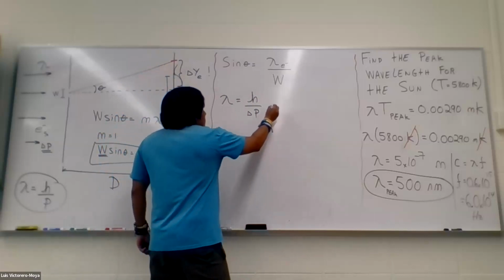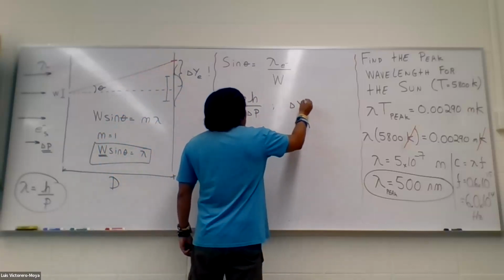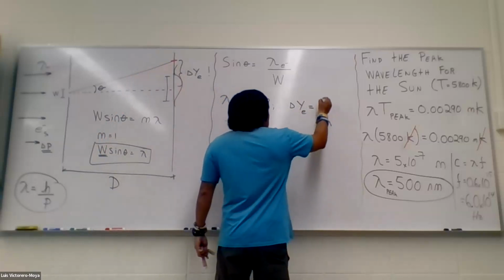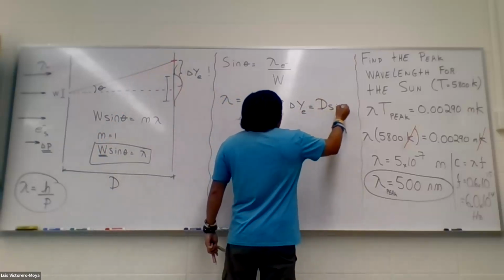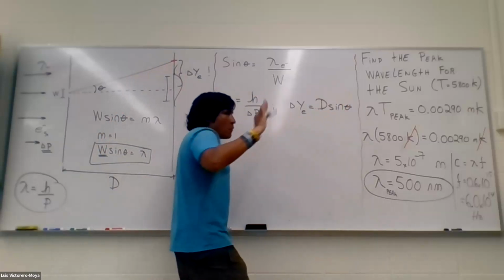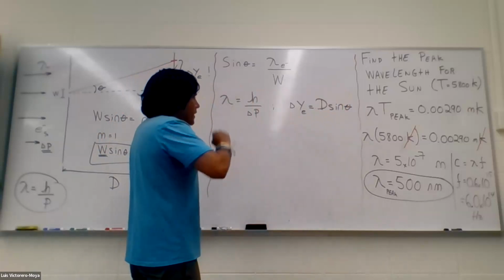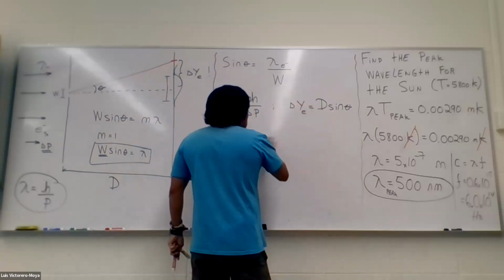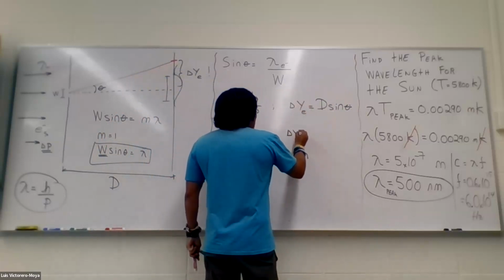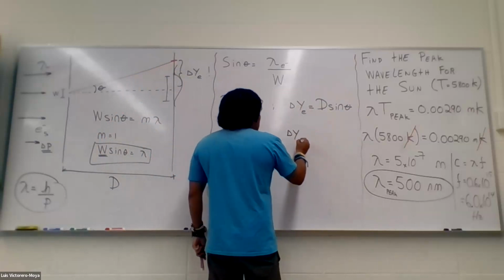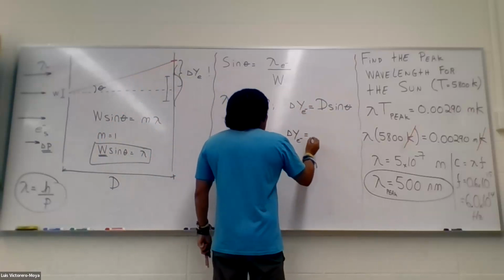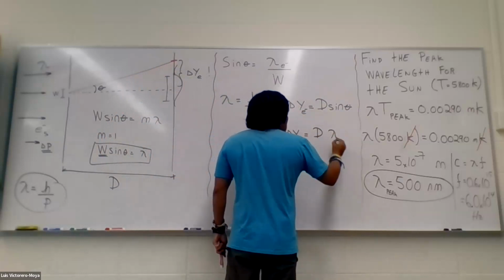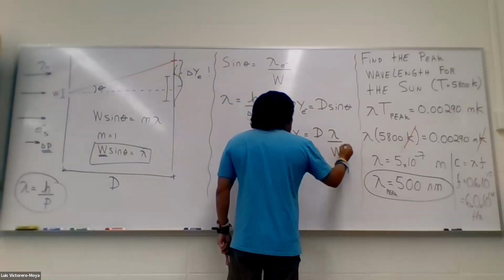Furthermore, delta y, that one, is d sine theta. Yeah, sine theta because it's a small angle, all right? So I can use that. Sine theta, delta y, which is the position of the electron, equals d lambda over w.